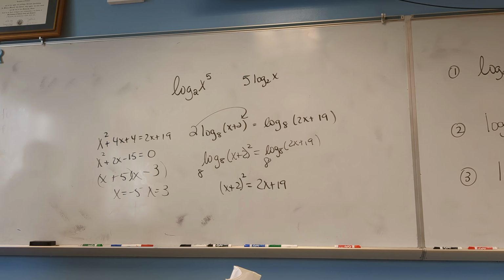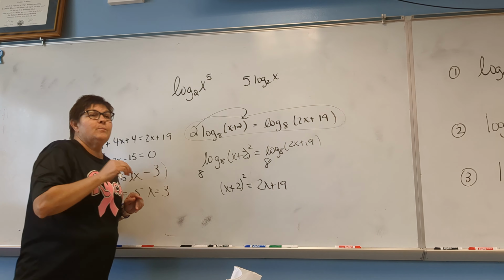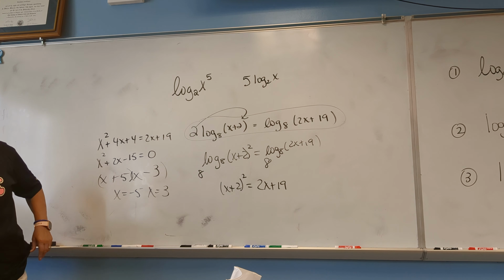We good? So, the only thing that I advise you to do is plug your values into the very original problem and make sure that they're good to go. Once in a great while, you're gonna find one that's like, I can't use that, okay? So go ahead and plug in -5 into the very original. So this guy was the very original, right? Go ahead and plug it into the very original and see how that works.